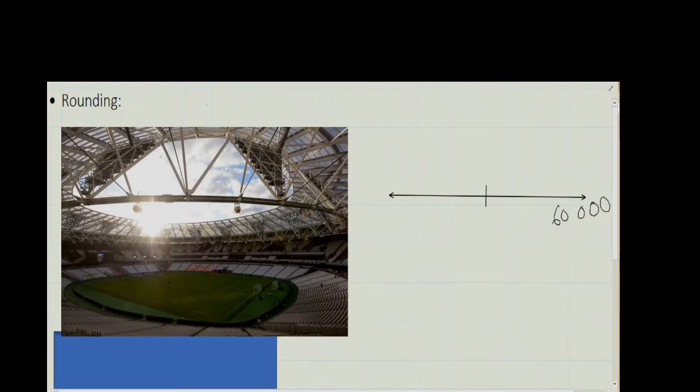Now, what I'm going to do is have on this little, not number line, but this comparison line over here, I'm going to write 60,000 on one side, which is the capacity, and 50,000 on the other. What we're going to do is put a number on the number line to see which capacity is closest to, 50,000 or 60,000. Now, what are we rounding off to?